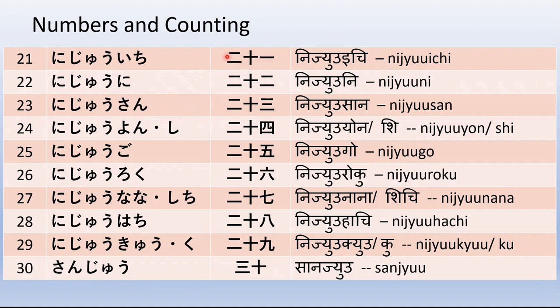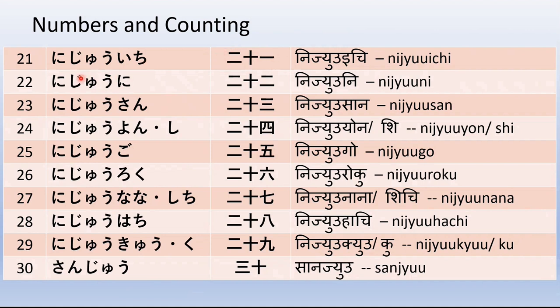Ni-ju-ichi. This is the symbol for 2, this is the symbol for 10, this is the symbol for 1. So this is 2 multiplied by 10, 20, and plus 1, 21. So this is how the Japanese system of writing the numerals works.